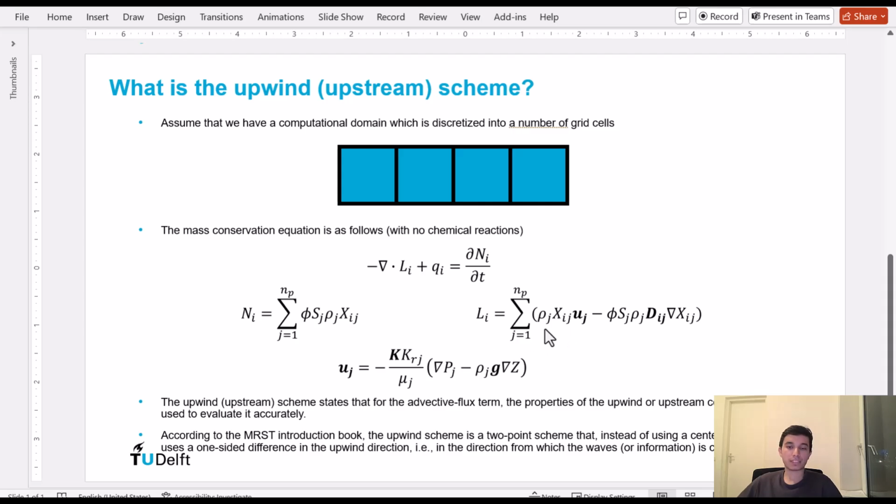But the point is that for the evaluation of properties in the component advective term, we need to use the Upwind scheme. Why? Let me show you what the reason is.